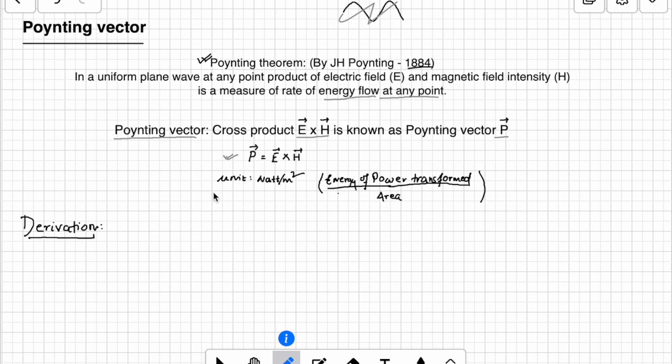So that's the Poynting vector, but now we need to derive the theorem. We're going to use Maxwell's equations to derive the Poynting theorem.